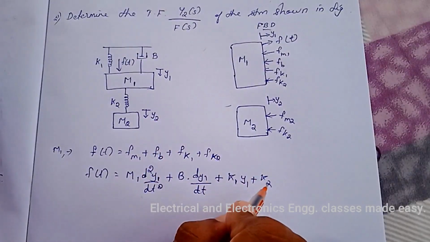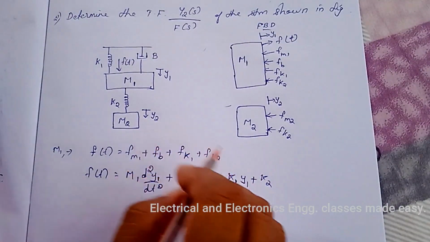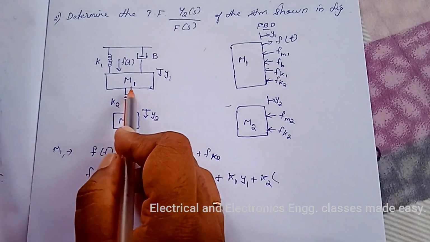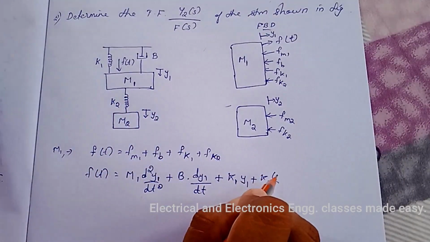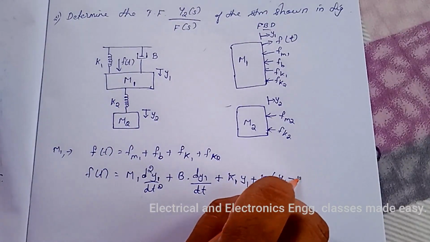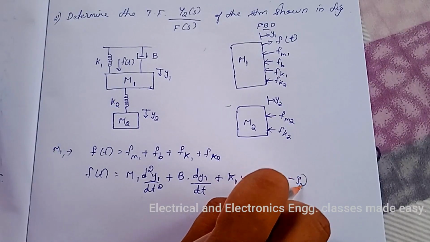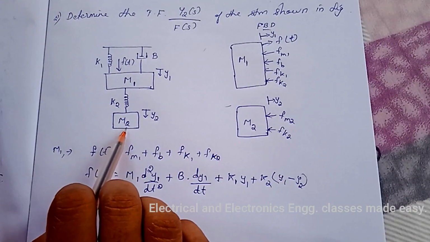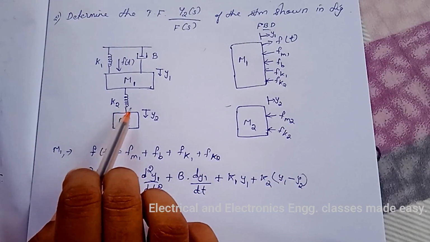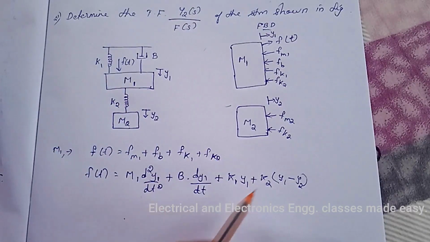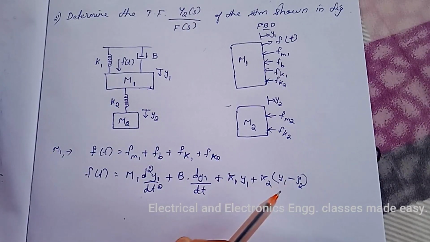So we have to write K2 into, while considering M1, we can write y1 minus y2. While considering M2, we have to write y2 minus y1. So here K2 into y1 minus y2.